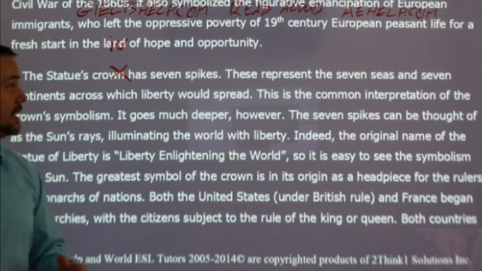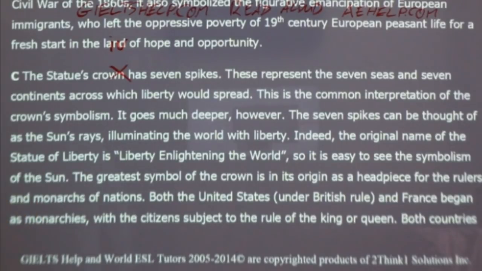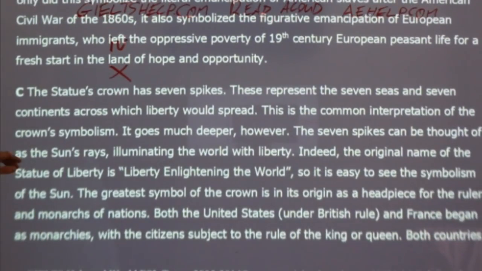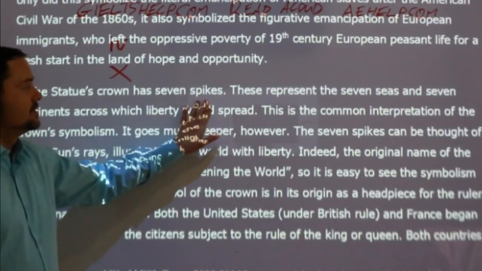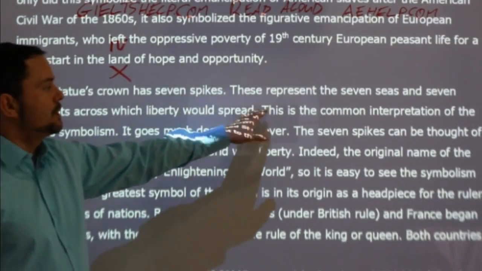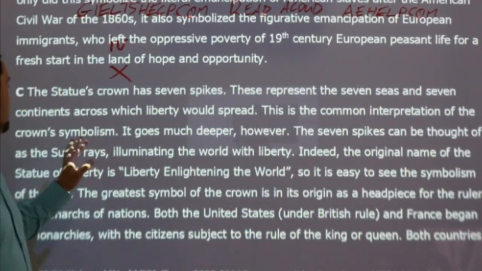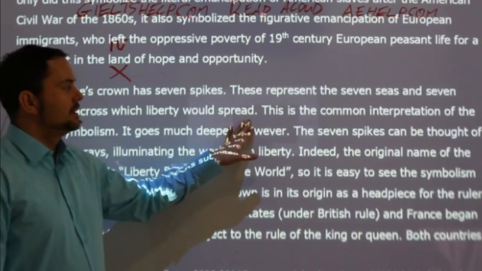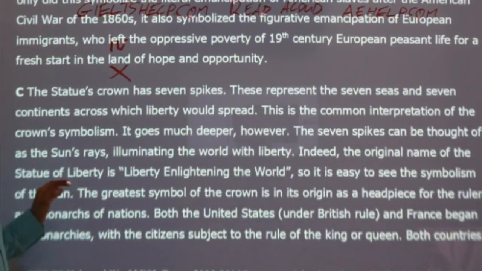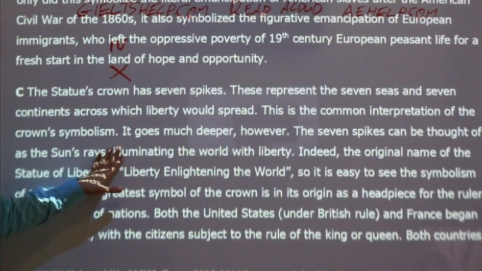Okay, so let's read paragraph C together. The statue's crown has 7 spikes. These represent the 7 seas and the 7 continents across which liberty would spread. This is the common interpretation of the crown's symbolism.